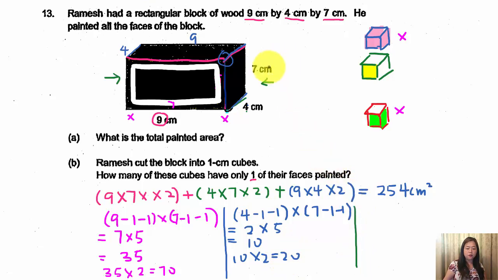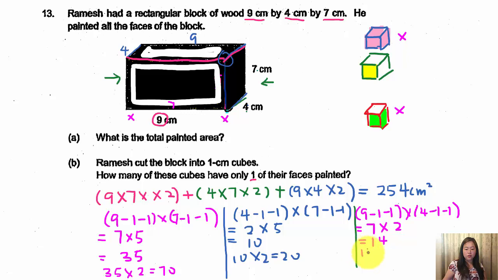The last part will be at here, the top, and it will be the same thing. Length, okay, so 9 minus 1 minus 1 times 4 minus 1 minus 1, which will become 7 multiplied by 2, which is 14. 14 times 2 is actually 28.